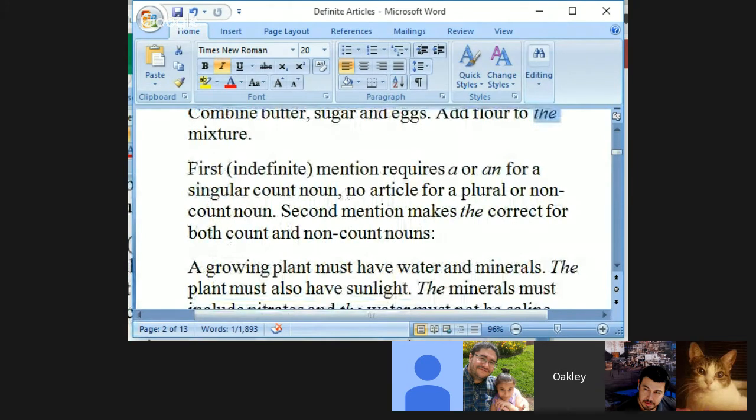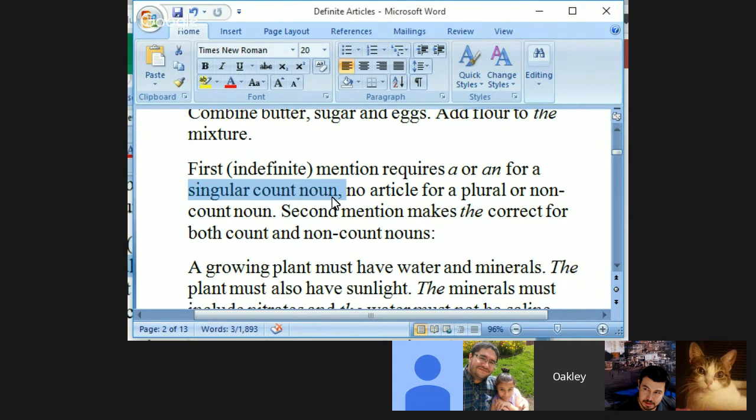All right, so again, the indefinite article, by the way, a or an, the first mention requires a or an for a singular countable noun. Another important aspect when using articles is to understand if it's actually countable or uncountable.